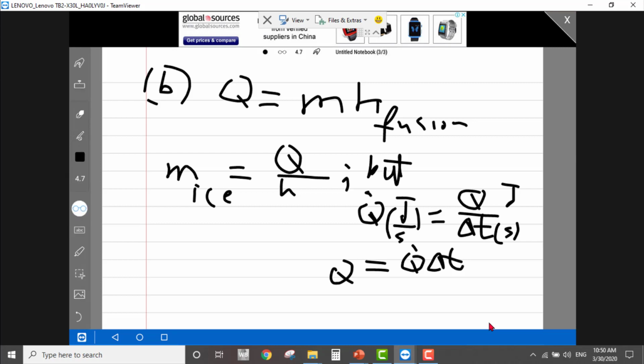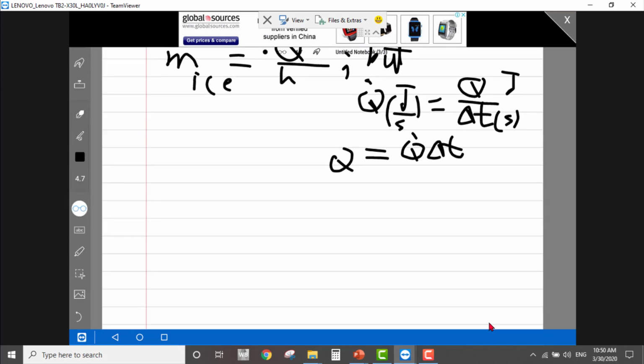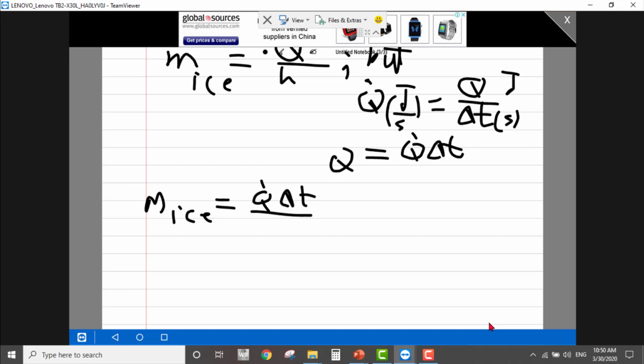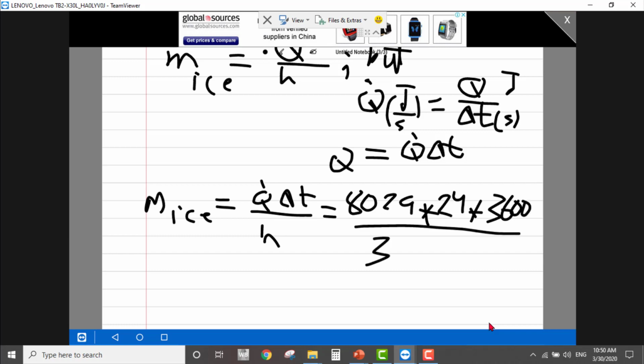Now I think it's obvious that for the mass of the ice, instead of Q I can write Q dot multiplied by delta T over H, and this is equal, from the previous part, to 8029 multiplied by delta T, which is 24 hours. In order to convert hours to seconds, we must multiply by 3600, and this is divided by 333.7.